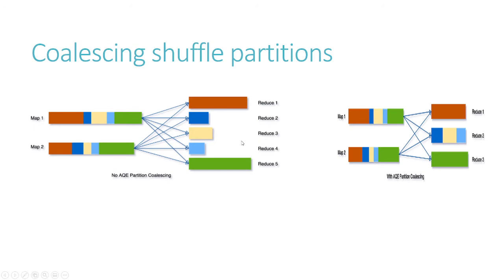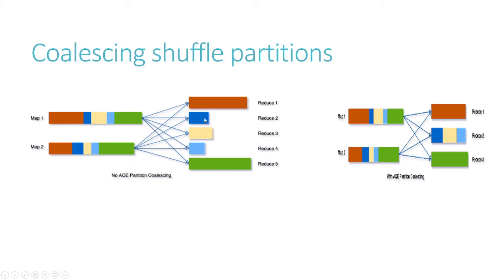First is coalescing the shuffle partitions. In a shuffle partition, it majorly depends on how the partitions are defined on the data. If you have a huge file, the number of partitions will be more. It depends on the data size and on how the partitioning is done. Consider this as an example, and we have this many partitions.